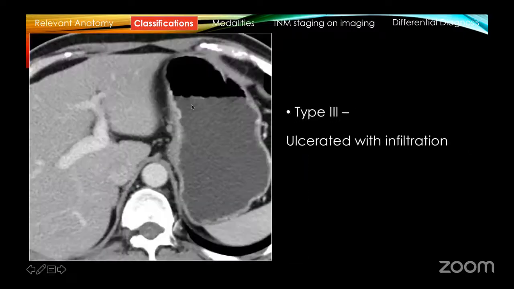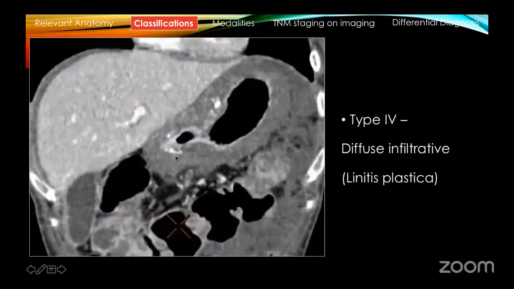The type 3 would be more of a predominantly ulcerated type. So you see these mountains, craters. These are the multiple ulcers in this gastric cancer. And the type 4 would be the diffuse infiltrative pattern or the linitis plastica, often confused with a lymphoma.